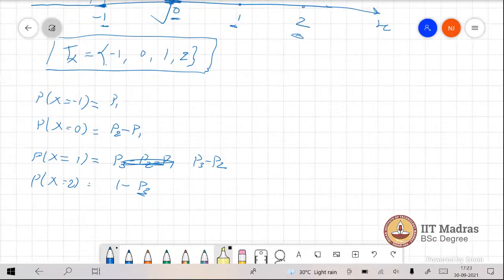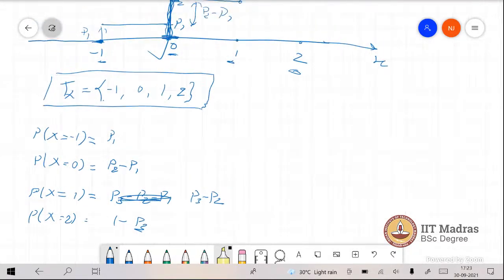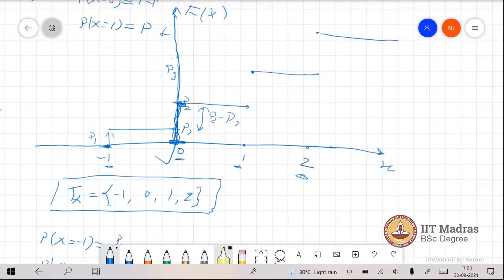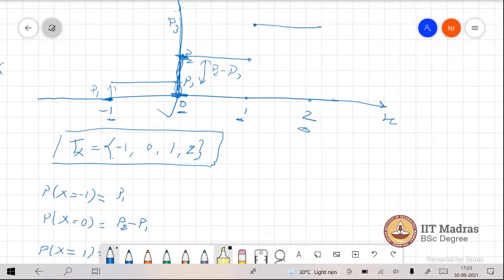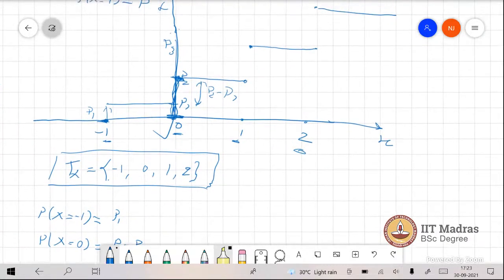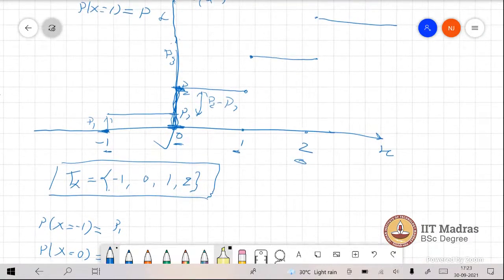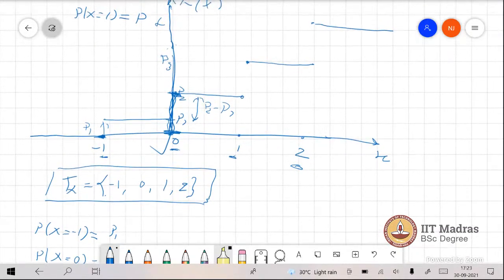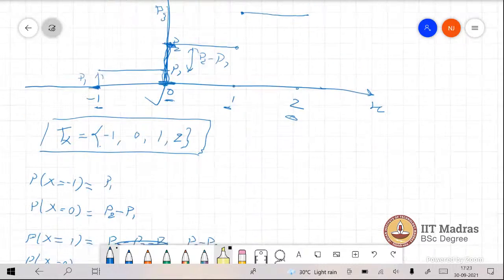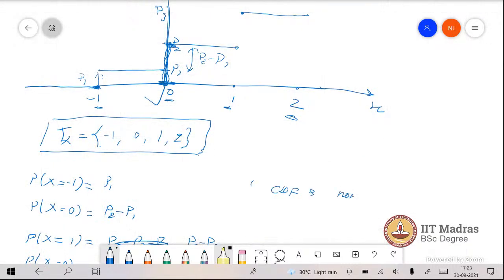So this is how, from the CDF of a discrete random variable, you can define the PMF of that random variable, just by looking at the CDF curve. Now notice something: the CDF curve is always non-decreasing.